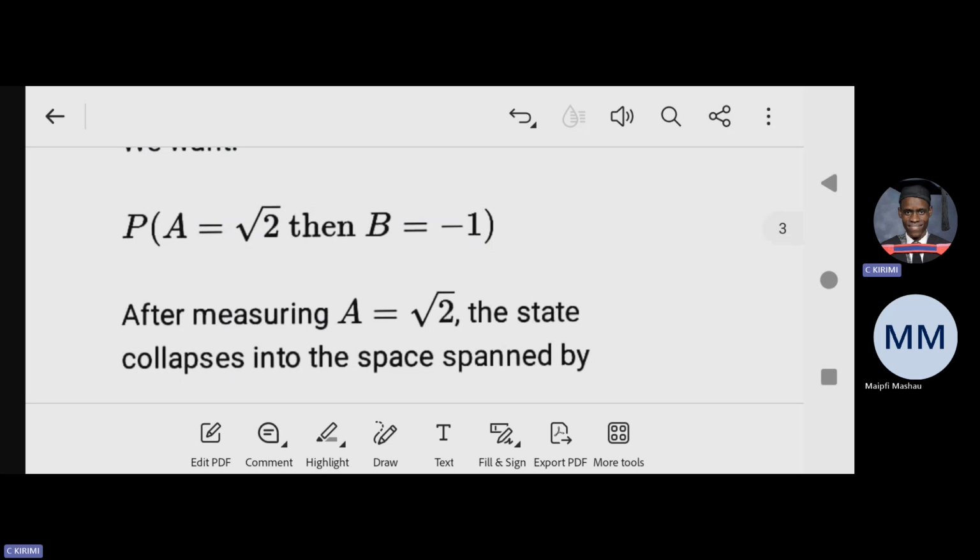So that's how you write it: probability of A equals root of 2, then B immediately equals negative 1.